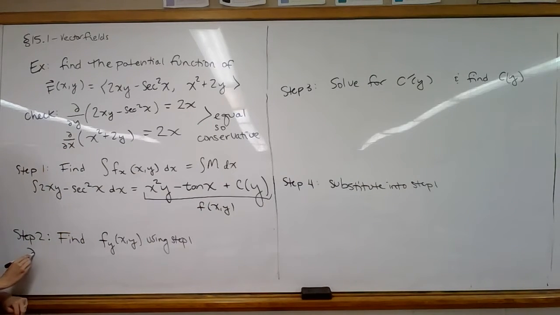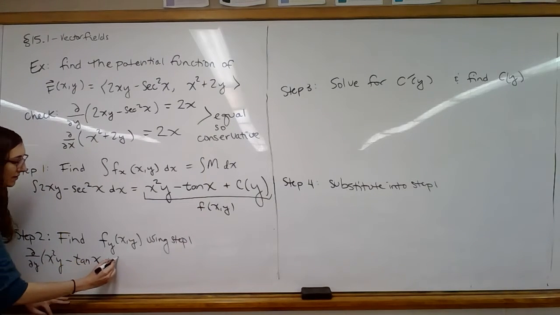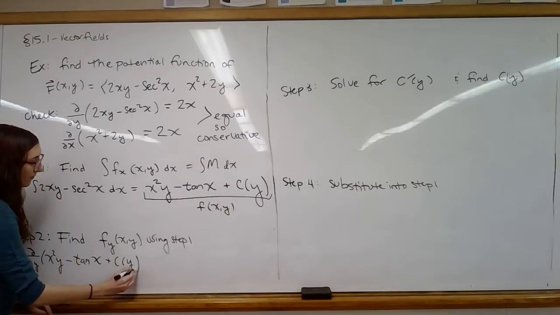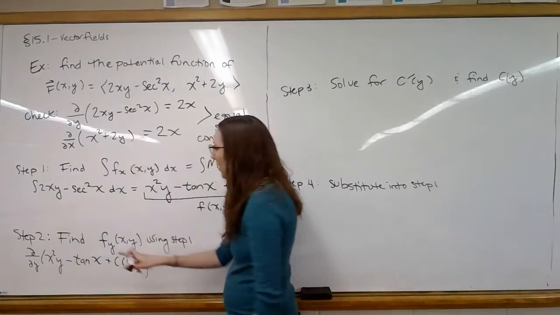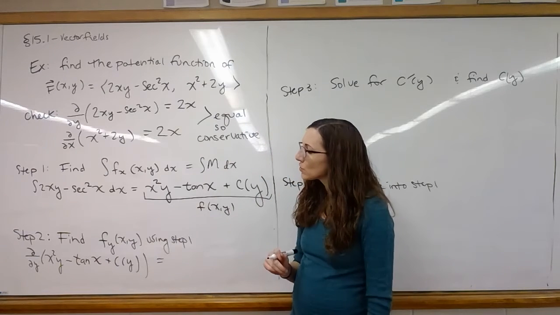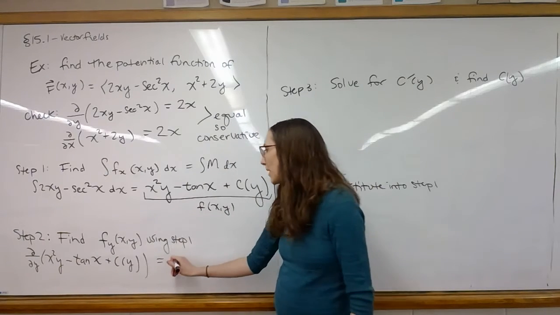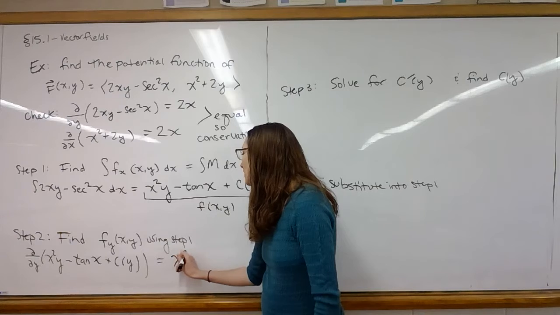When I take the partial derivative with respect to y of x squared y minus tangent of x plus c of y, for the first piece we keep the x squared, and the derivative of y goes away, so we're left with x squared.